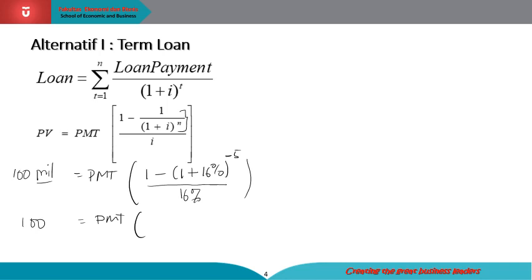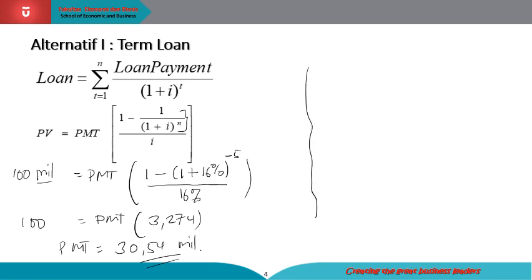I have calculated it as 3.274. So the PMT is 100 over 3.274, which is 30.54 million rupiah. This is the payment for the company to pay back to the bank.